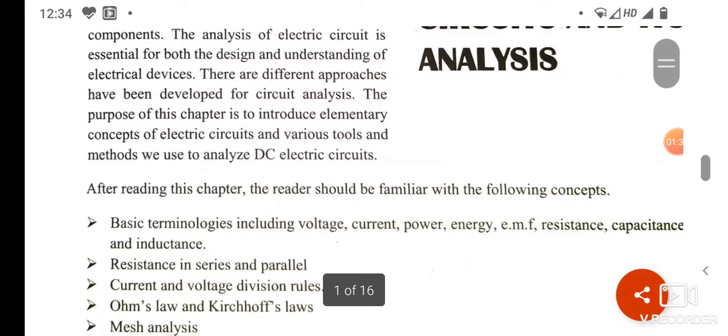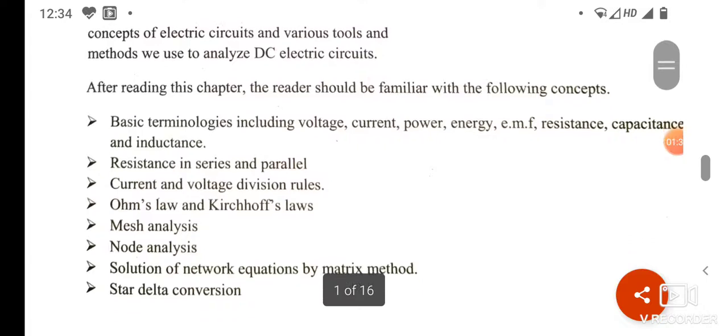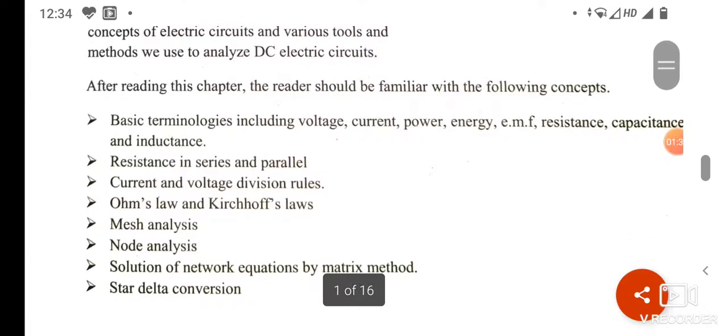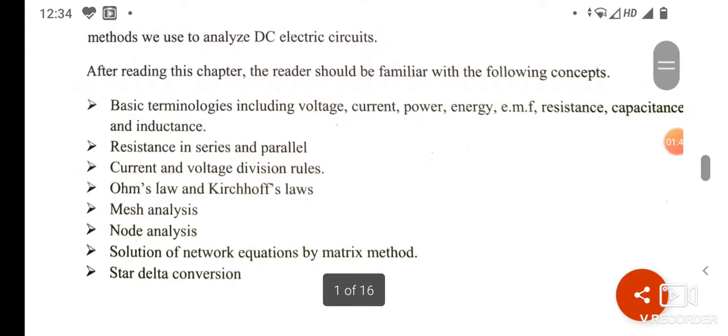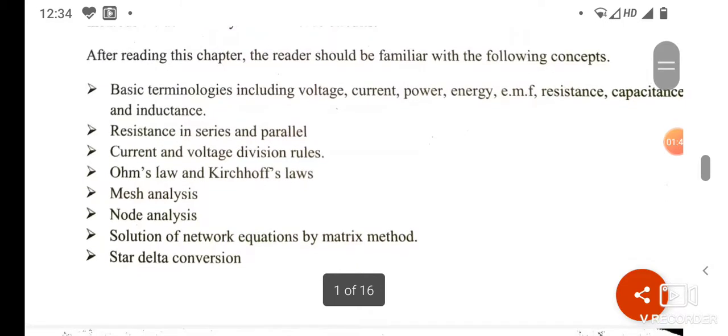In this chapter we will discuss basic terminologies like voltage, current, power, energy, electromotive force or EMF, resistance, capacitance, inductance, etc. We'll discuss the change in the value of resistance when resistances are connected in series as well as in parallel.